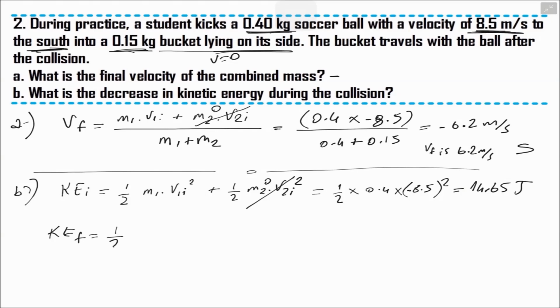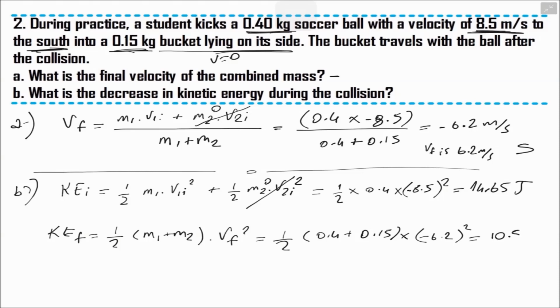And we have to calculate kinetic energy final. At the final, half times m1 plus m2, because they are combined, times v final squared. So half times m1, 0.4, plus m2, 0.15, times v final, as we calculated, negative 6.2, squared. So this result will be 10.57 joules.